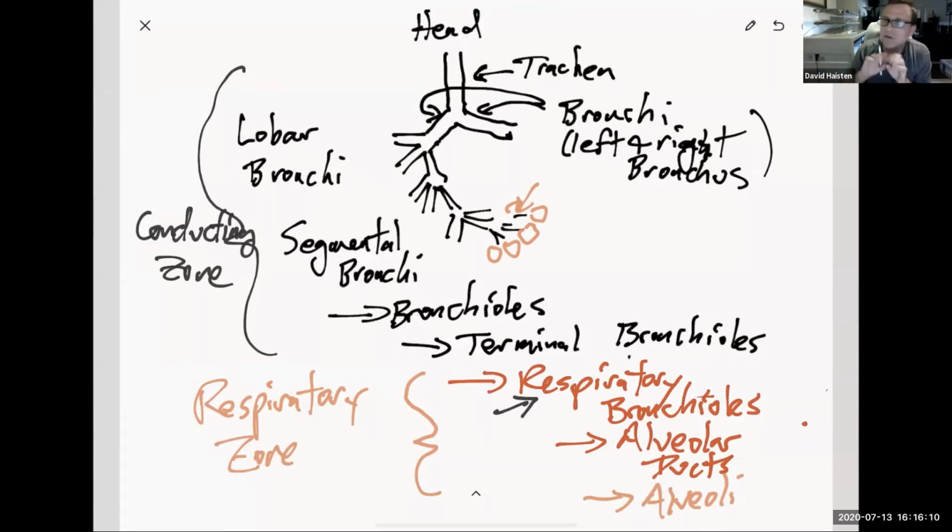So this is the fine branching. It's just a branching of corridors and passageways to get out to these little sacs where gas exchange happens. A single one of these is called an alveolus.